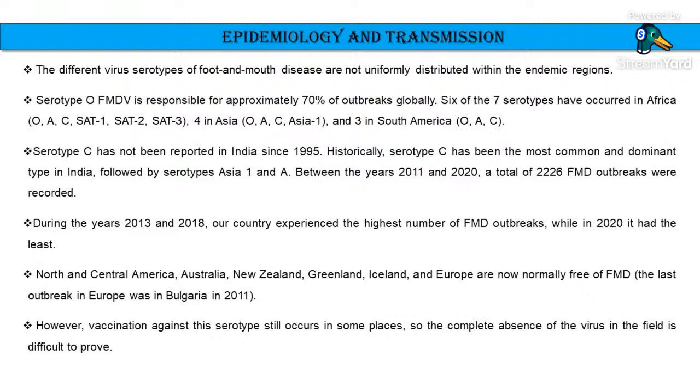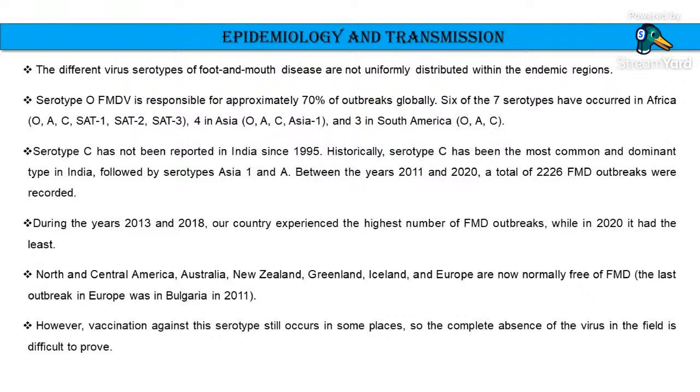Among the seven serotypes, in Africa six have been seen: O, A, C, SAT1, SAT2, and SAT3. In Asia, only four serotypes have been isolated, and in South America, three.